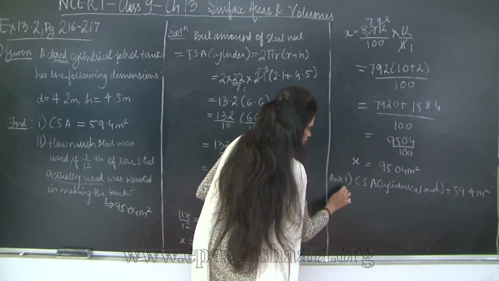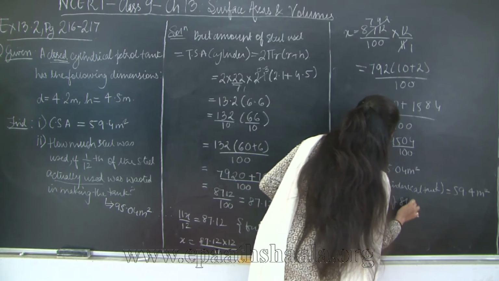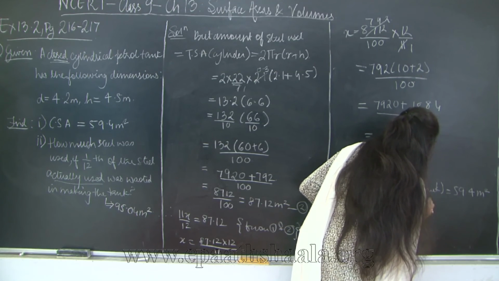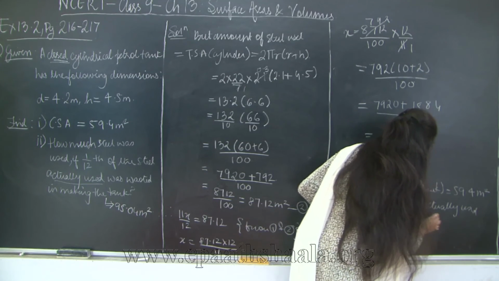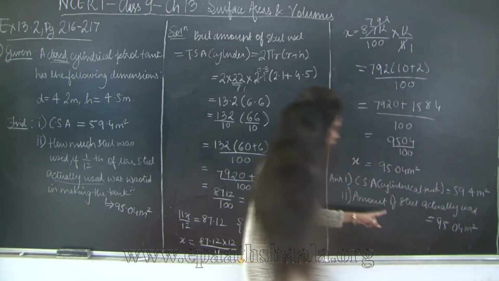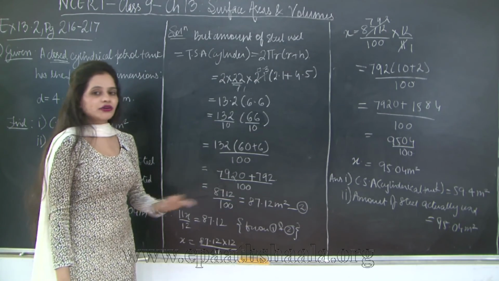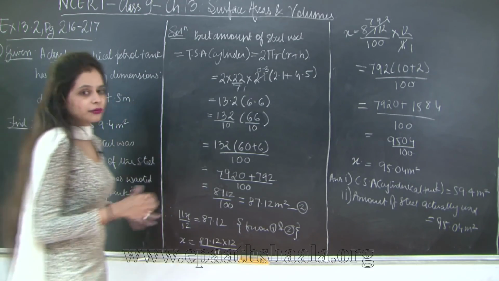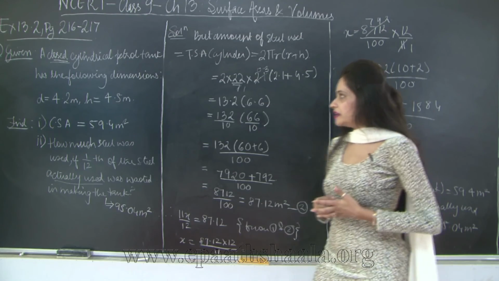And the second part, the amount of steel actually used, is equal to 95.04 meters square. So this amount of steel actually used is the amount of steel that was used plus the amount of steel that was wasted. So here is the partial solution. I hope you have taken a note of the remaining section as well. It's a very important question and I hope you have followed it as well.